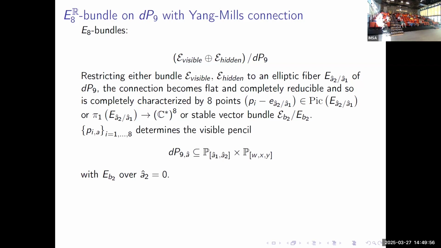If you restrict either of these E8 bundles to one of the curves in the dP9, it becomes flat, totally reducible. So it's parameterized by 8 points on that base curve.